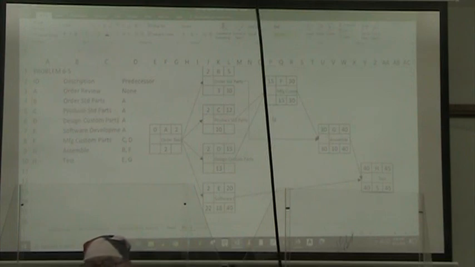Our late start time is going to be equal to our late finish time minus our duration. And for B, it's going to be equal to our late finish time minus our duration.